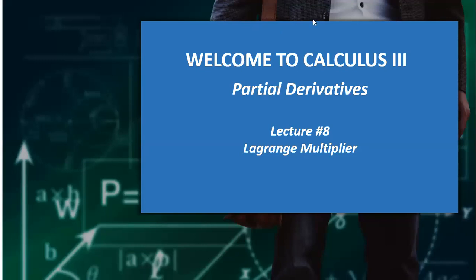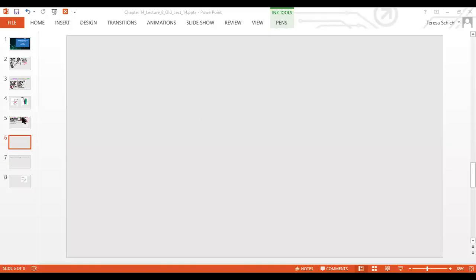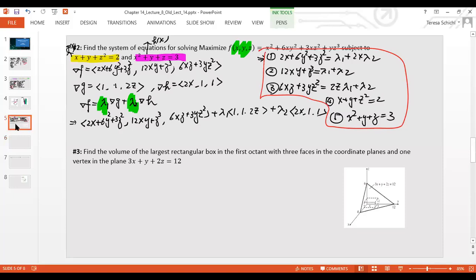Okay, so let me go to my next problem from my worksheets here. The previous one, we finished problem number 2, which basically just showed us how to set up the system of equations.